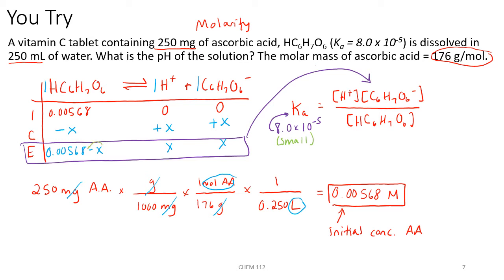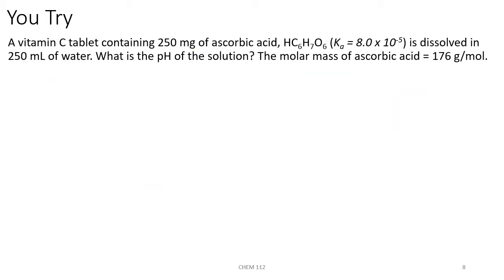So we're going to get to ignore that minus x. That's the amount that our weak acid actually dissociates. It's going to be such a small amount that we wouldn't really be able to subtract it anyways from our initial concentration according to significant figure rules. So substituting everything into our equilibrium expression, we got 8.0 times 10 to the minus fifth, that's our Ka.